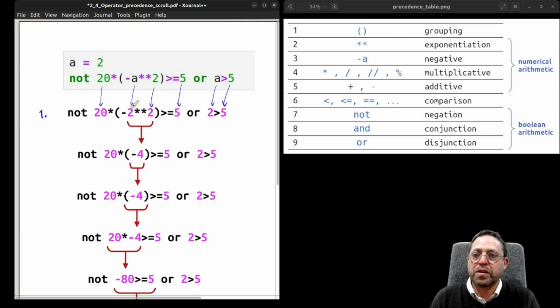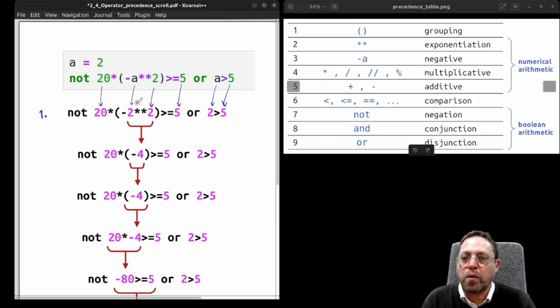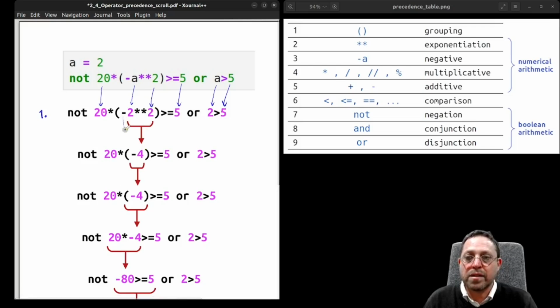Which one do we do first? Our table tells us that exponentiation comes before taking a negative. We see this exponentiation has a 2 to the left and a 2 to the right. So 2 squared gets resolved to 4. And still this negative is there. So that was step 1.